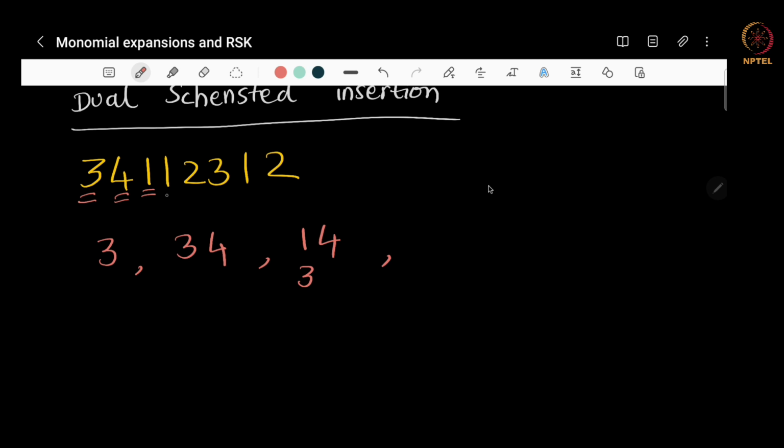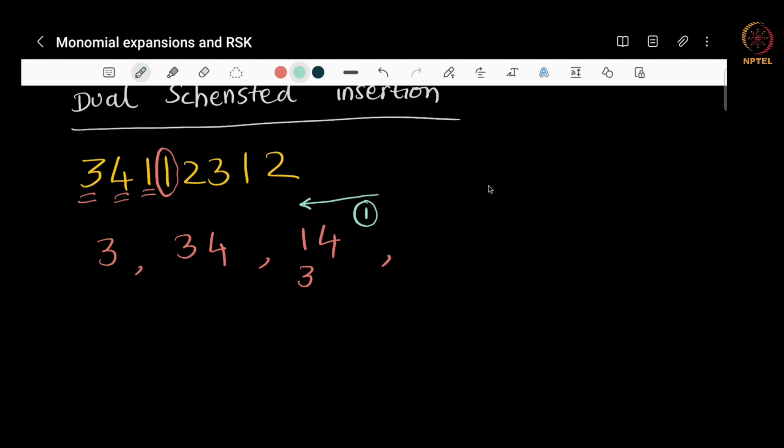Now something new happens in the dual insertion algorithm: we read a 1 again. The rule here is the following. When you try to insert a 1, it moves all the way until it finds anything that's greater than or equal to itself.